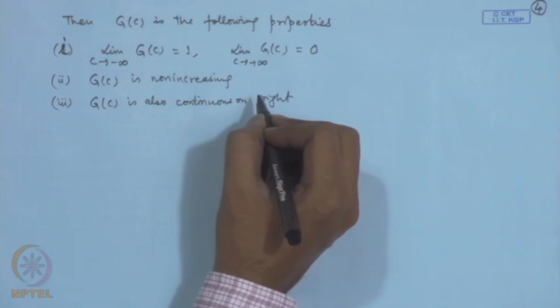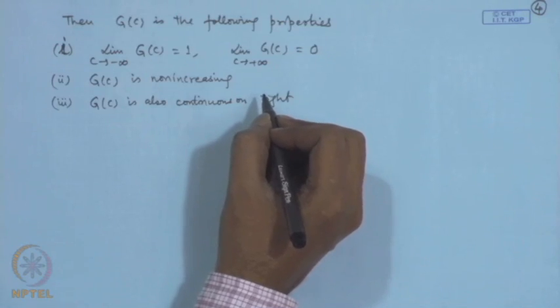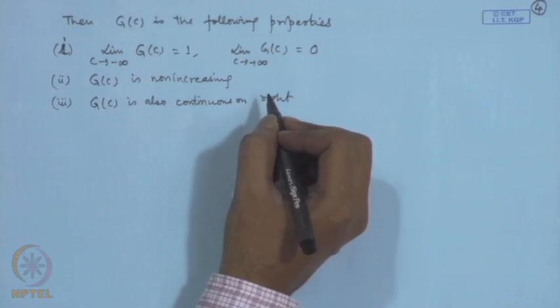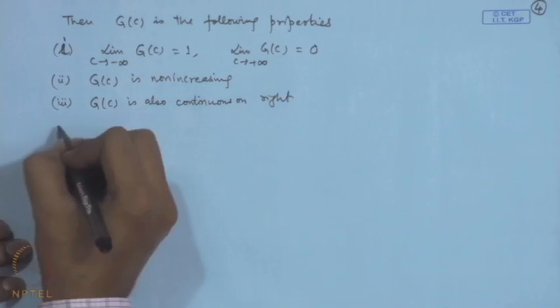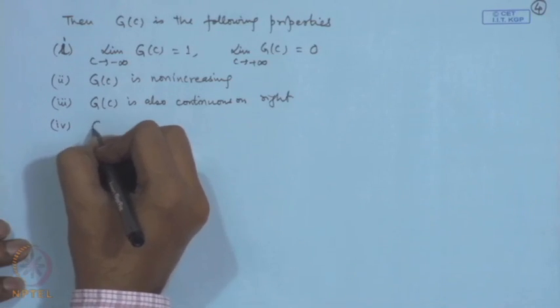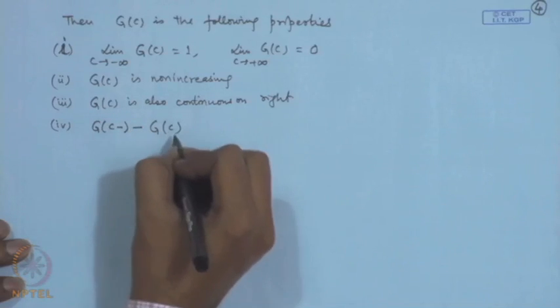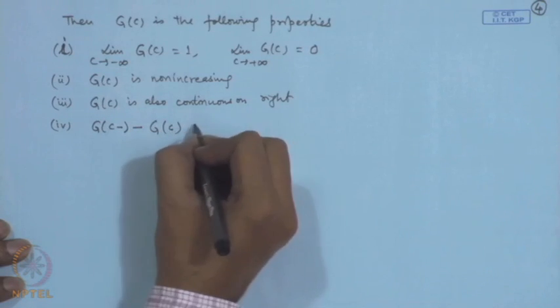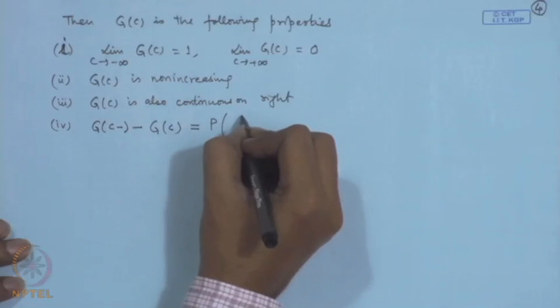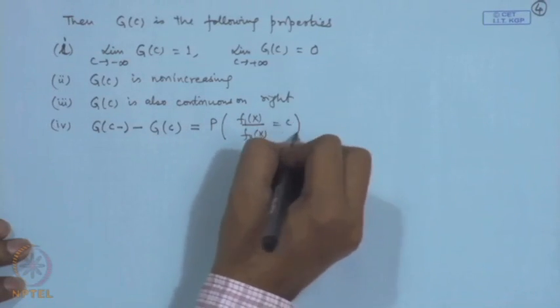These properties follow because 1 minus alpha c is a cumulative distribution function. Further, if I consider the left hand limit at G C minus the value at c, this is nothing but the probability of f 1 by f naught is equal to c.